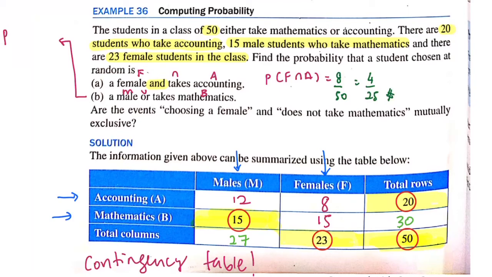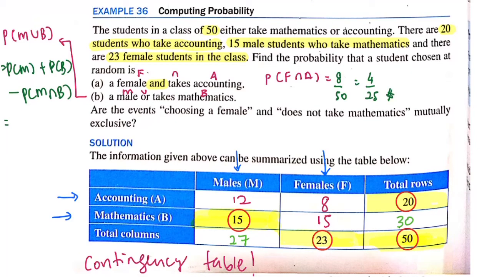Now we want to find the probability of M union B. Okay, M union B. Let us open up the formula. It is P(M) plus P(B) minus P(M intersect B).